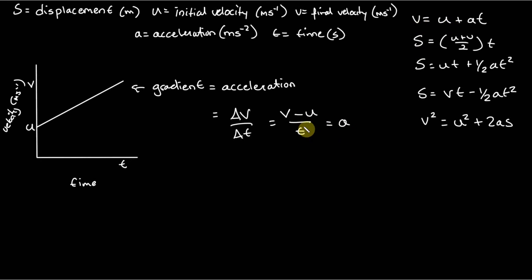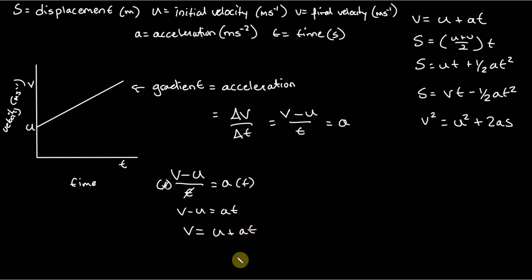What we want to do is make v the subject. So I'm just going to rewrite that down here. We have v minus u over t equals a, and so we're just going to multiply by t on both sides of this equation, the purpose of that being to cancel out the denominator on the left hand side, and so we end up with v minus u equals a t, and we just want to add u to both sides, just simple algebra, and we get v equals u plus a t.